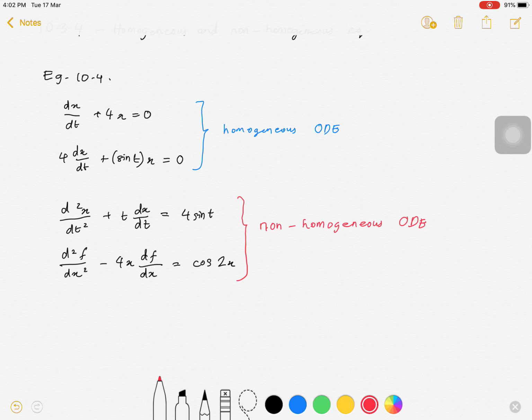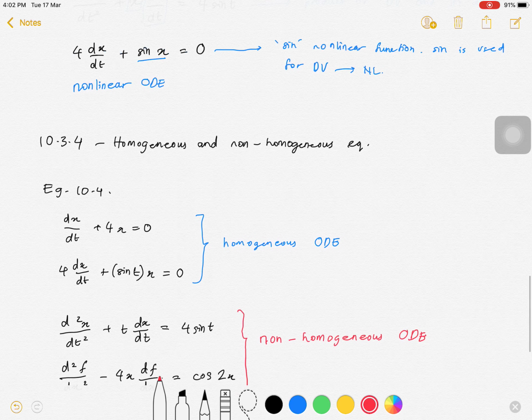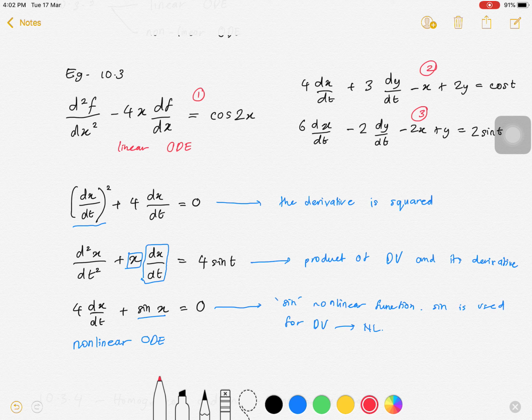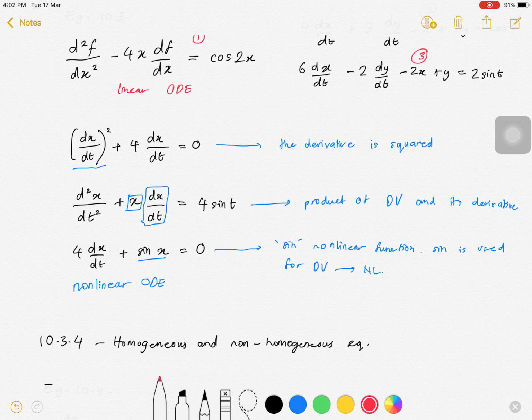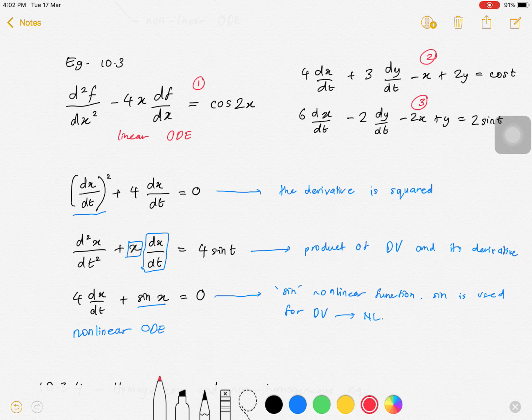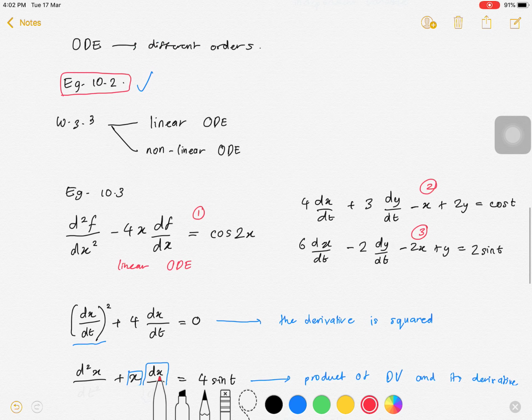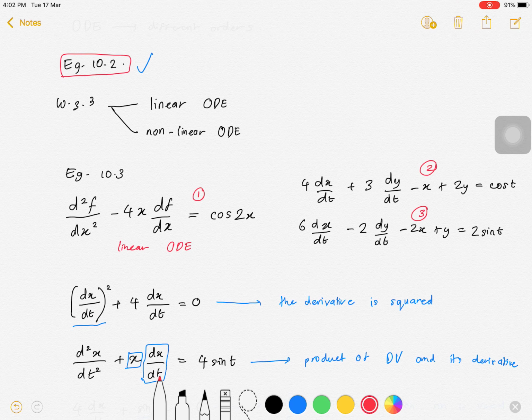If you look at the previous equations, equations 1, 2, 3, you can see that there is no dependent variable at the right hand side. Here also, and this one also: no dependent variable at the right hand side.